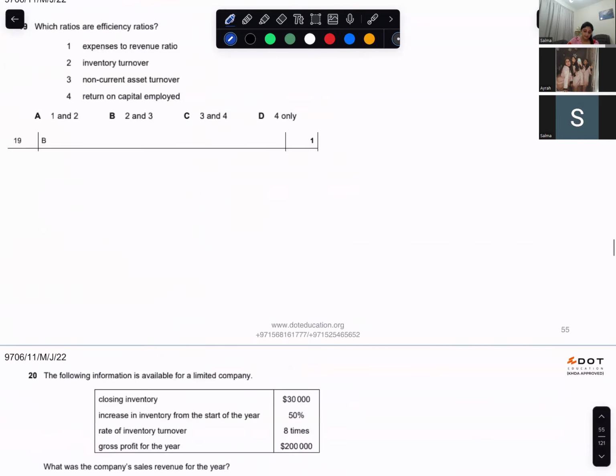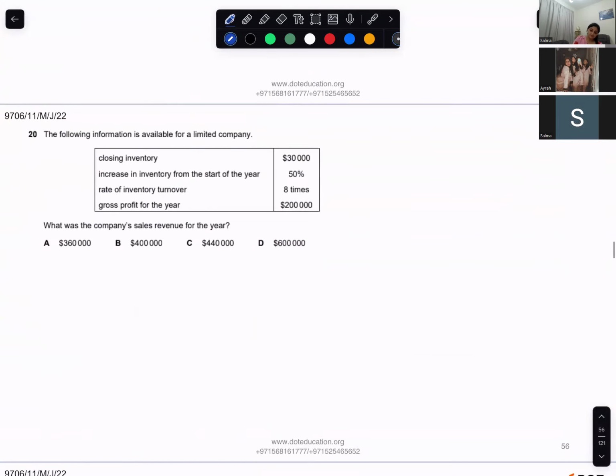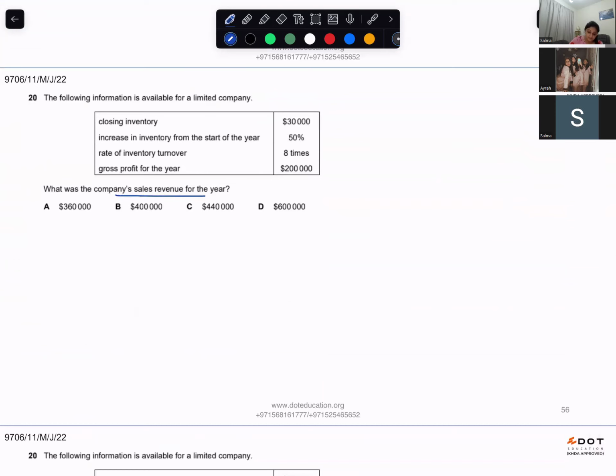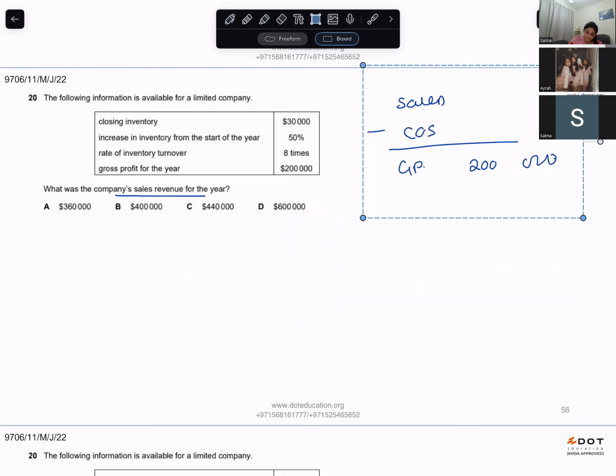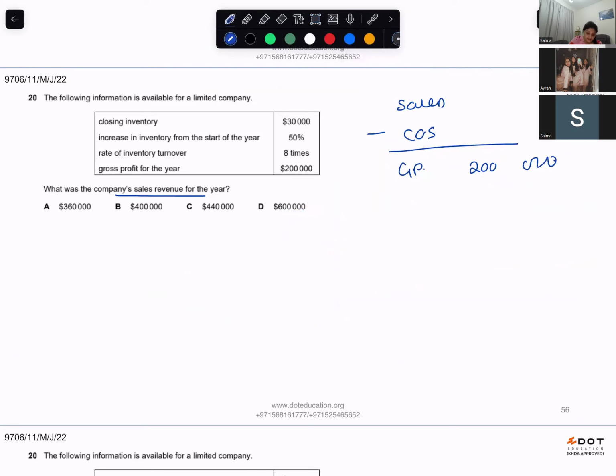Next one. What was the company's sales revenue for the year? They've given us closing inventory and increase in inventory. Sales minus cost of sales is gross profit. Gross profit is 200,000. Cost of sales we don't know, neither do we know the sales. But I know the rate of inventory turnover.